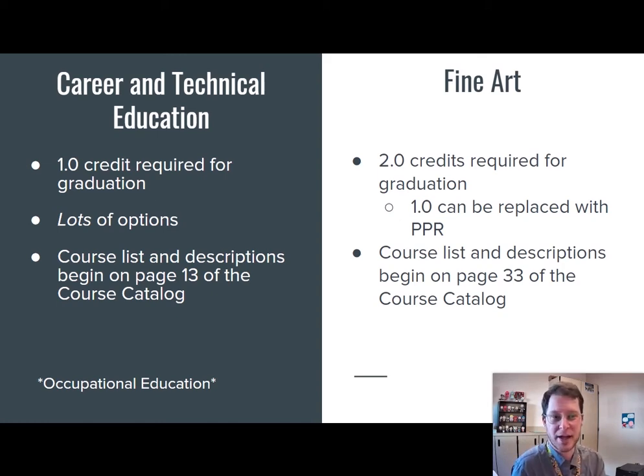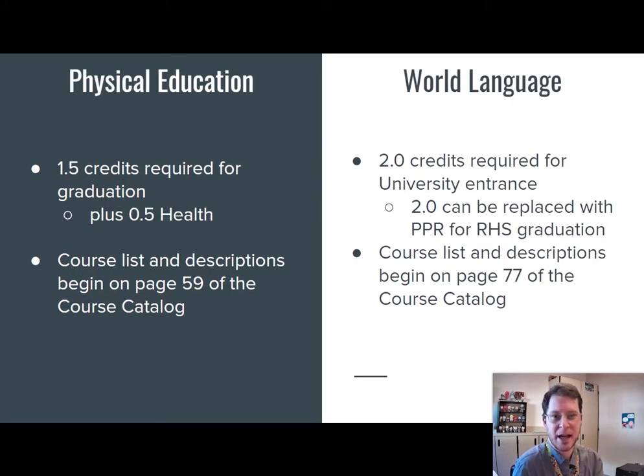Fine art, again, there's 2 credits required there. 1 can be replaced with a personal pathway. And you can see all the courses that count as fine art starting on page 33. PE, so everybody's required 1.5 credits of PE. That's 3 semesters, and also the 1 semester of health.